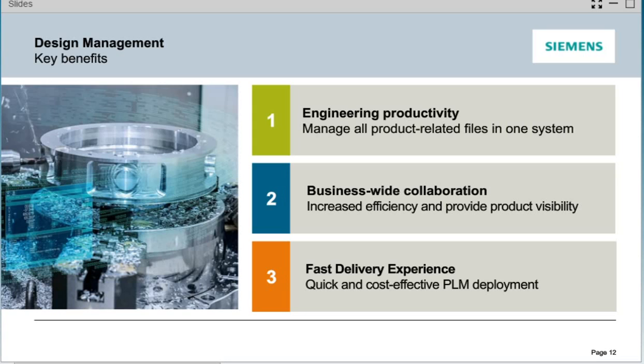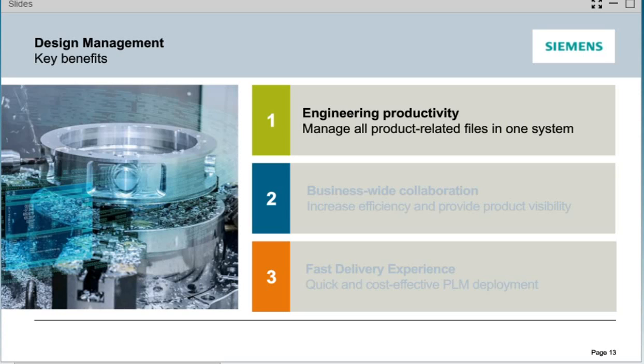And then at the end, I'll talk about some deployment options that are available to really get you up to speed and running with a PDM, PLM system very quickly and very cost effectively, and really get your return on the investment quick. So let's start off just with talking about the engineering productivity piece.